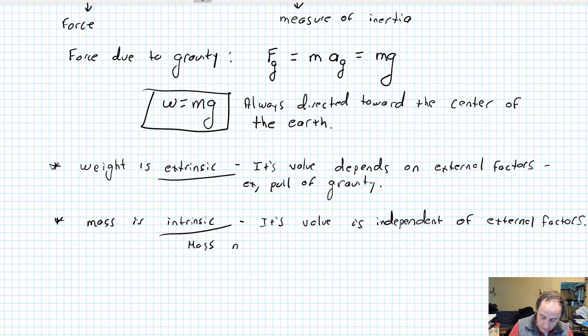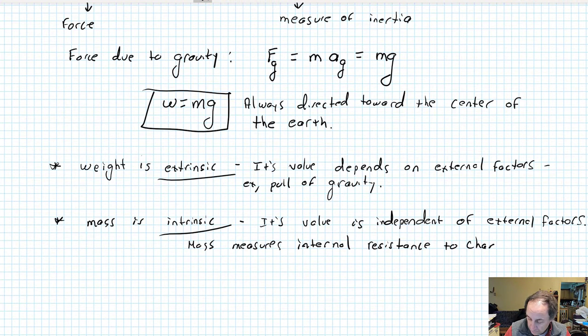Mass measures internal resistance to a change in motion. The more mass, the harder it is to change the motion of something.